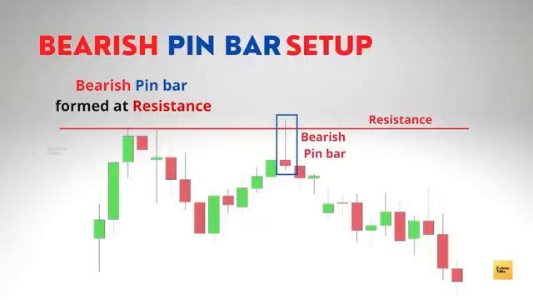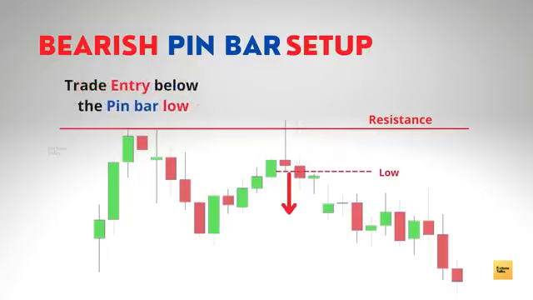We can see that the price rejects from this resistance level and forms a bearish pin bar. This tells us that the resistance level has held and the price may now be looking to sell off lower. And then we can either enter the trade the very next candle, or we can wait for the confirmation. That is, we can wait for the price to break below the lows of the pin bar candlestick.